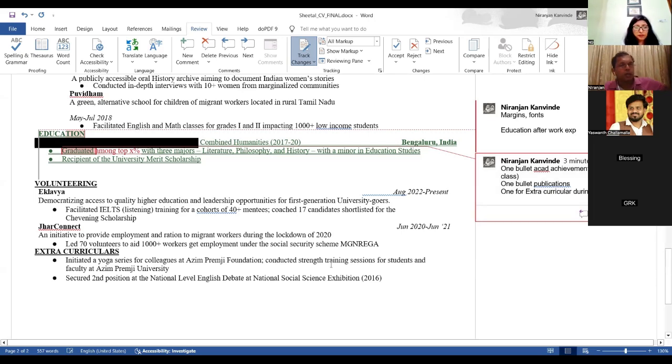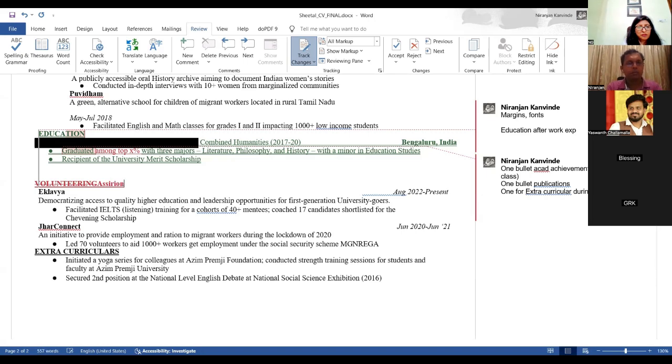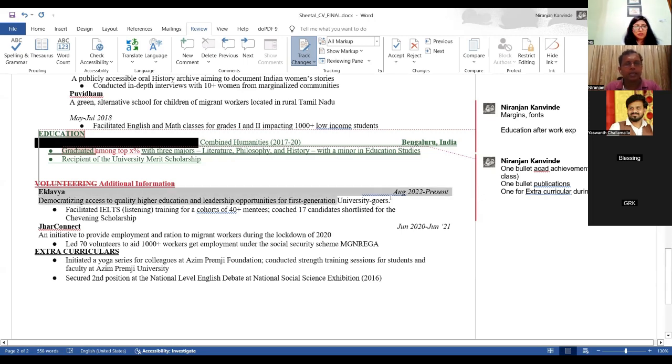Now this volunteering section could go in additional information. Instead of several sections, you may just make one single section for volunteering, and there you would mention a single bullet.